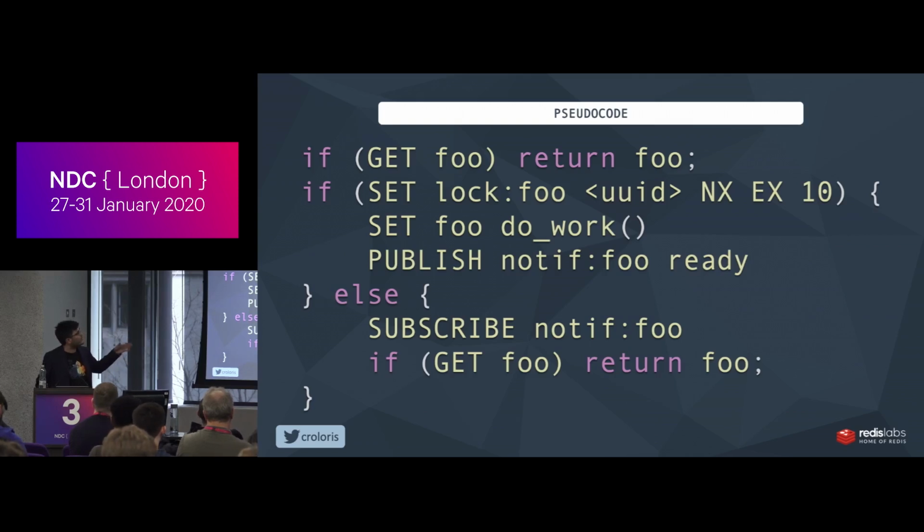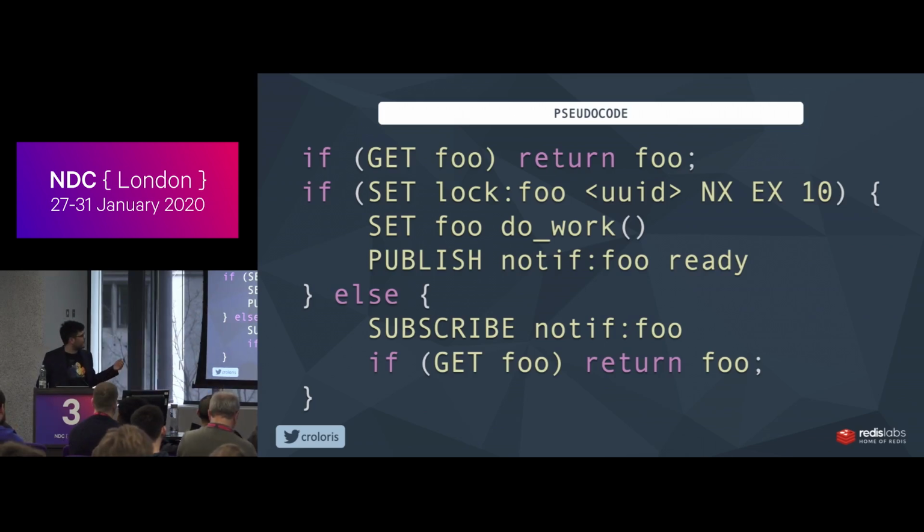If we don't find it, we try to acquire the lock. If we fail to acquire the lock, then we subscribe to PubSub. But between when we tried to grab the lock and we subscribed, the other instance might have completed the processing, have sent out a notification, and we lost it because we are not subscribed yet. And if you're doing this in Java, between this and this, who knows, there might be 3 minutes because of a garbage collection pause or whatever, right?